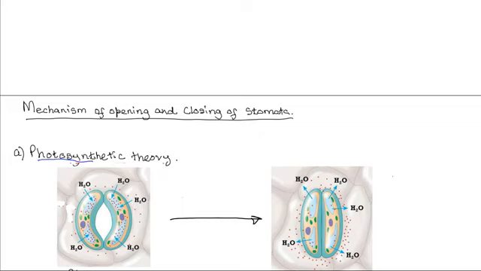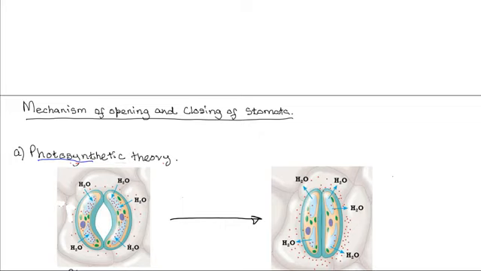So what varies from one to the other is the factors that change the osmotic pressure in the guard cells to bring about osmosis. Now, the photosynthetic theory is based on the fact that guard cells have chloroplasts, and so there is sugar formation in the guard cells.